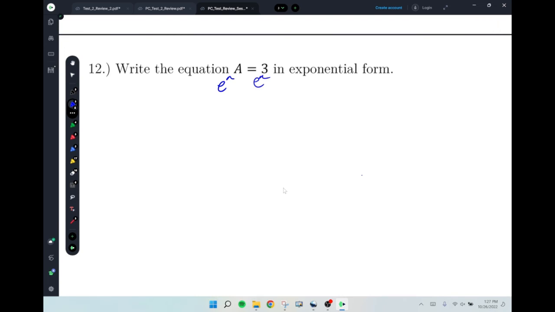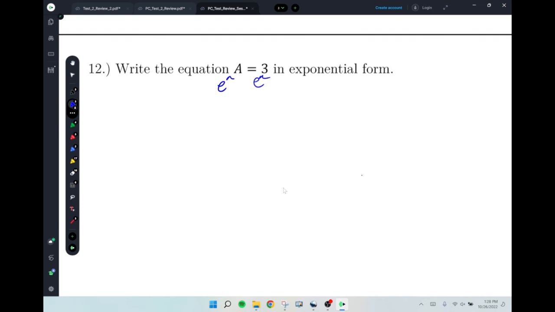Take the square root of 3. You talking about that right there? Oh yeah, that's what you have to do. Right. What you do on one side, you gotta do the other side. Watch me Google this. Exponential form of a number.